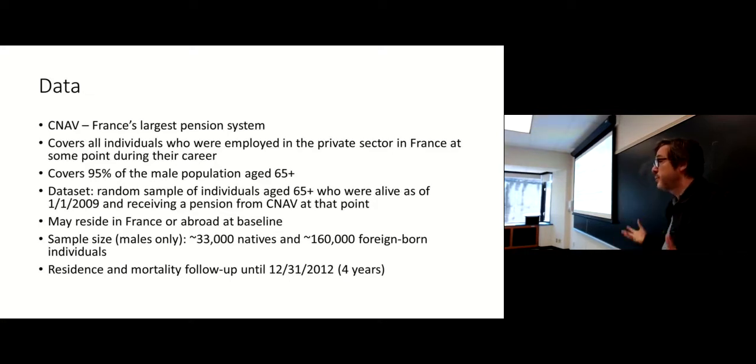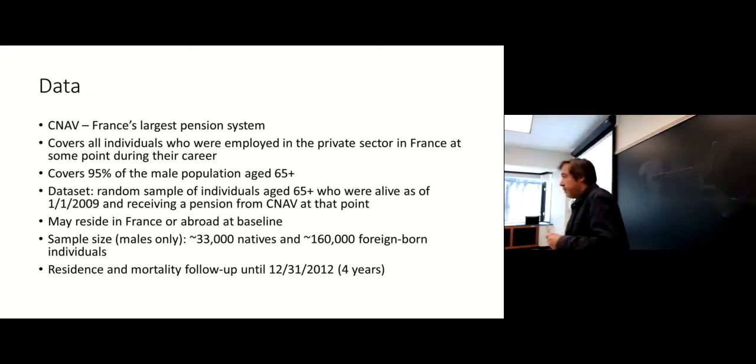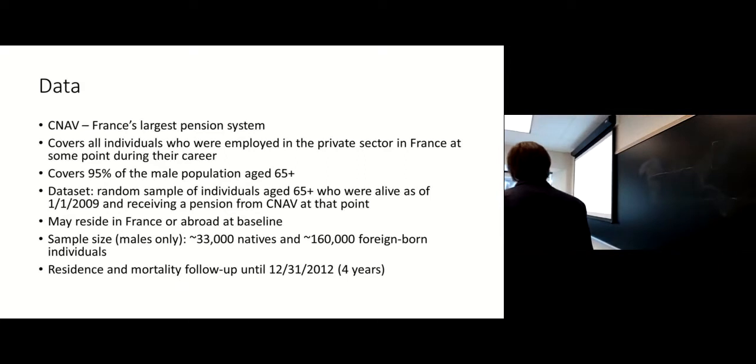So we're just looking at all these pensioners receiving a pension from this system, and they can be either in France or abroad. We know that they all lived in France at some point because they contributed to the system, but by the time they retire, they may be still in France or abroad.